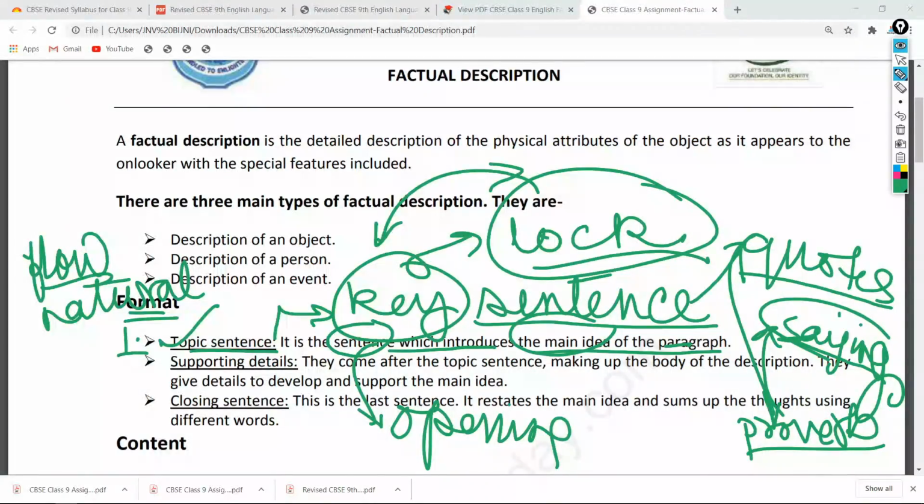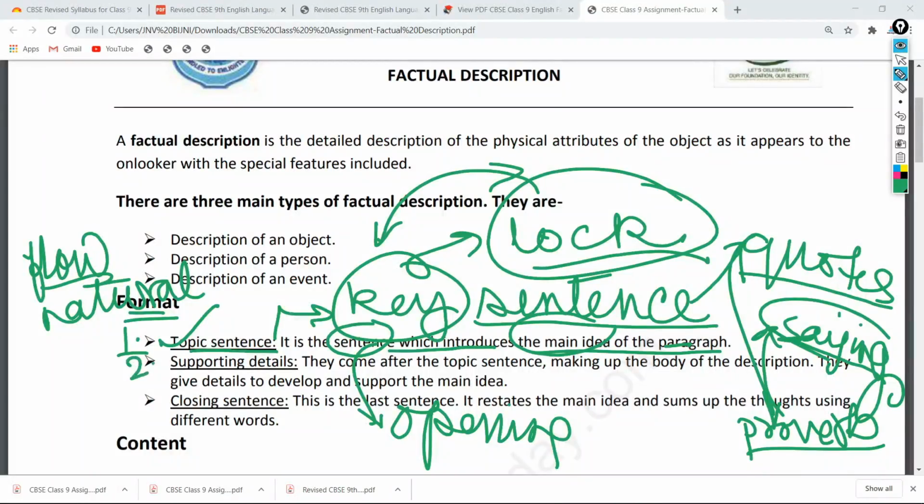That should not be there, my dear children. Therefore, there should be cohesion, organic unity, and harmony between them, including harmony in the use of grammar. All these things you will have to write in the supporting lines for paragraph writing, for the factual description.